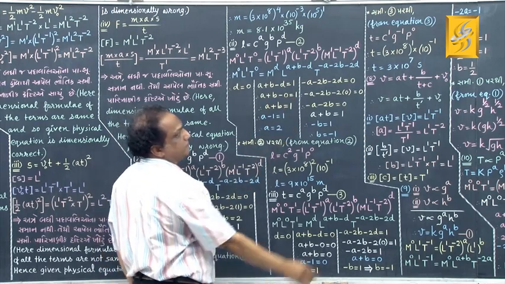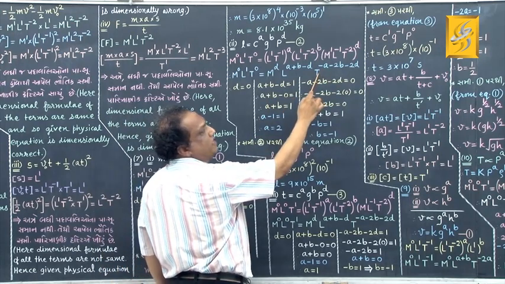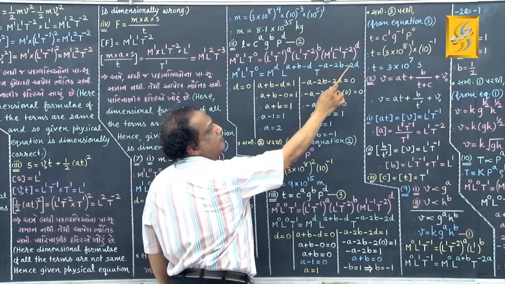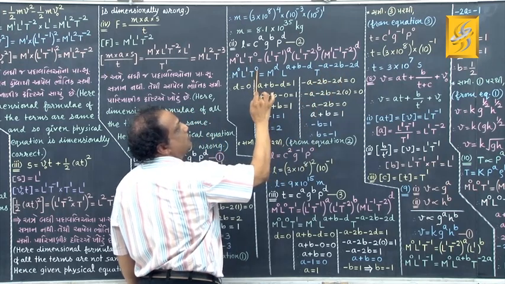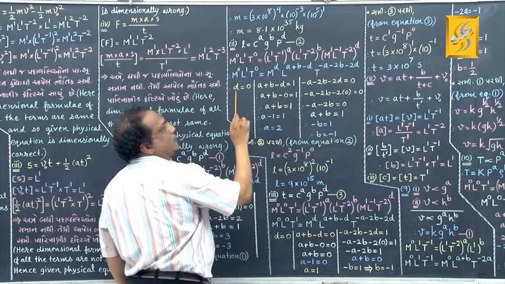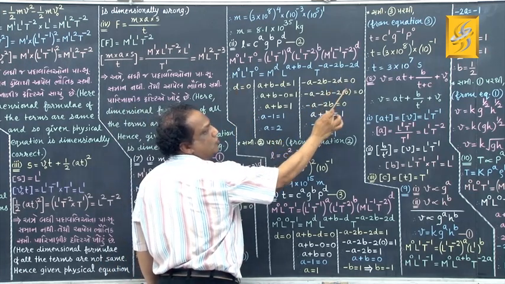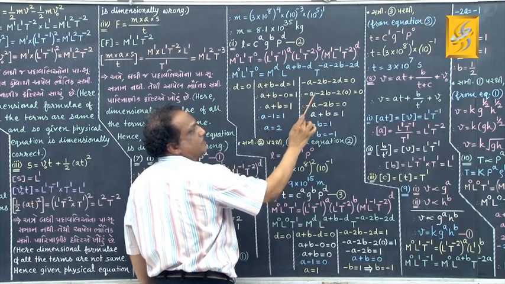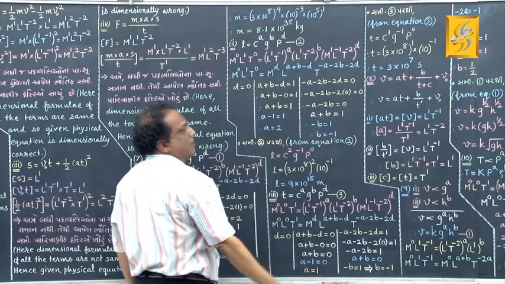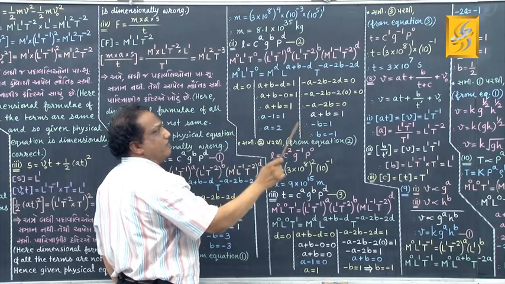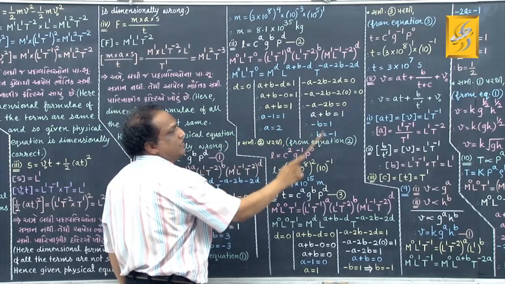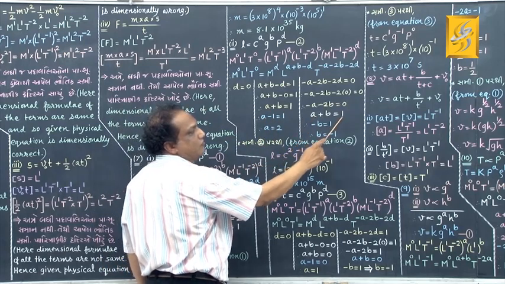Okay, fine. When you compare powers of T, minus A minus 2B minus 2D equals 0. But the value of D is 0, put it here. So this part will be 0, then you will get minus A minus 2B equals 0. But already you know one equation, A plus B equal to 1. Write it over here, A plus B equal to 1.